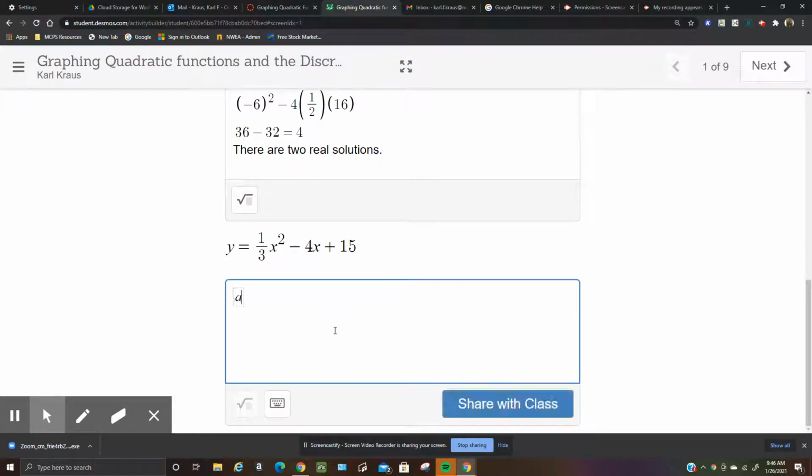The last one here, a is 1/3, b is negative 4, and c is 15.